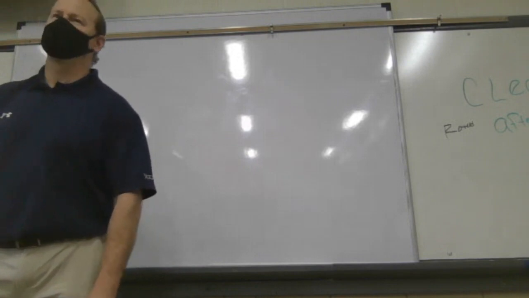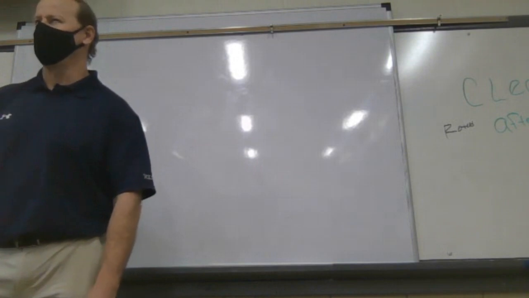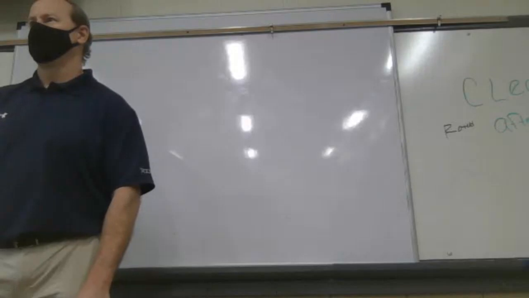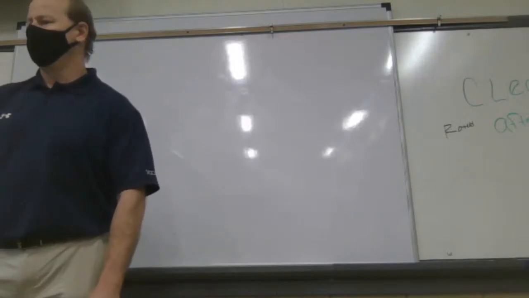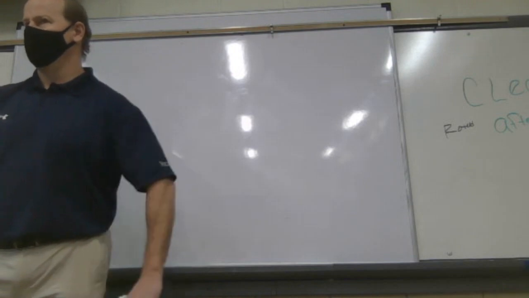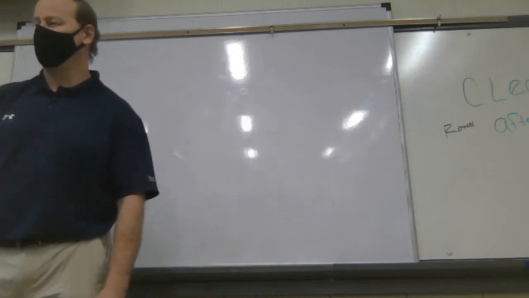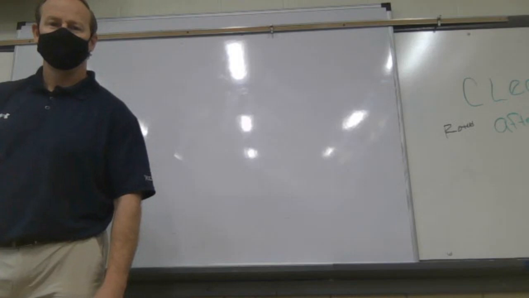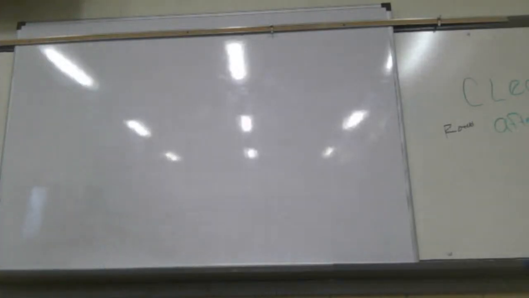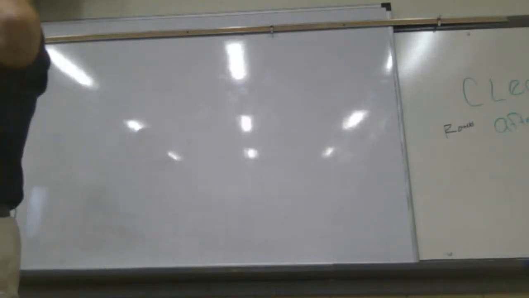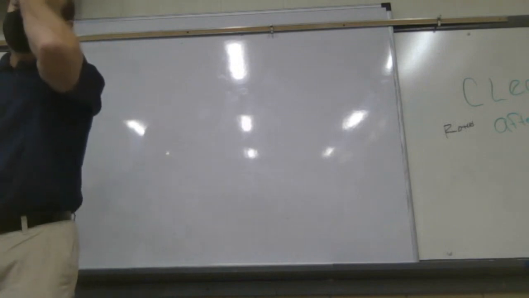Not naughty miles, nautical miles per hour. The nautical mile is about 1.2 miles, or 1.1 something. What'd you get, Kylie, on A? Negative 11.2 on 54? Yeah. That's the distance, right?